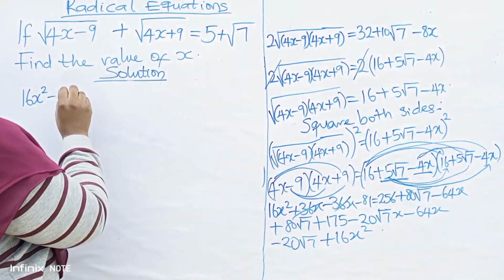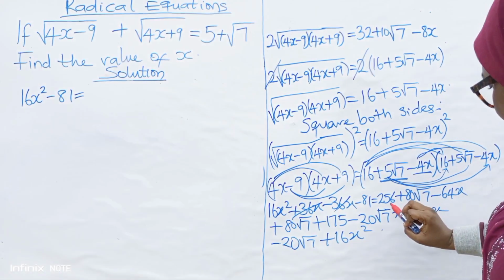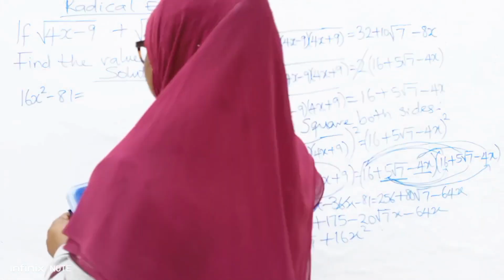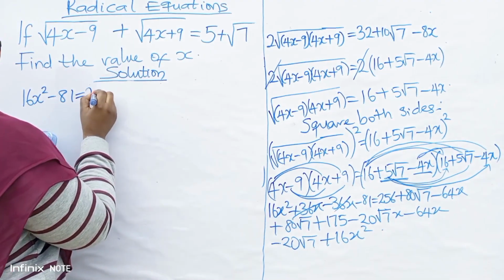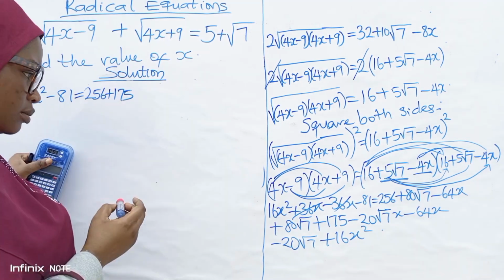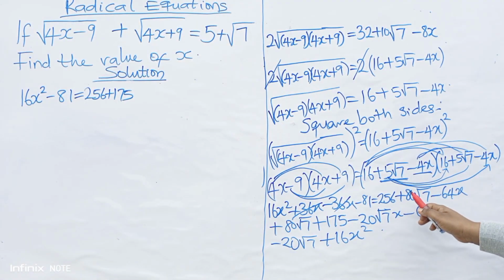So it is equal to, so from here I have 256 plus 175. I have 80 root 7 plus 80 root 7.